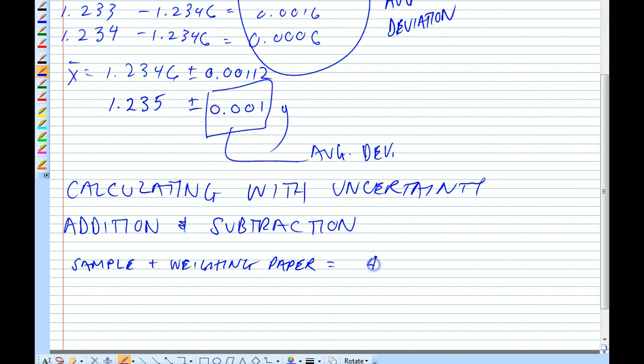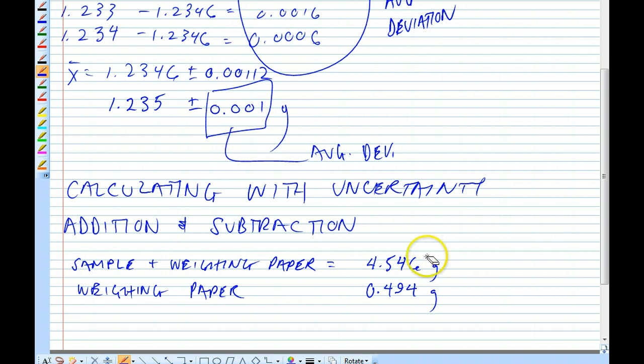Let's say the total mass with the weighing paper is 4.546 grams, and the weighing paper alone is 0.494 grams.